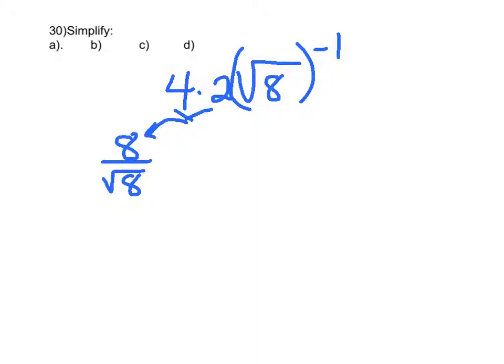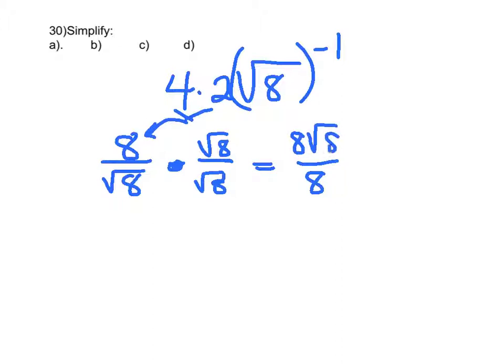Now, again, we don't like the square root of 8 in the denominator, so we're going to multiply by the square root of 8. That's going to give you 8 in your denominator, and then you have 8 square root of 8 in your numerator.